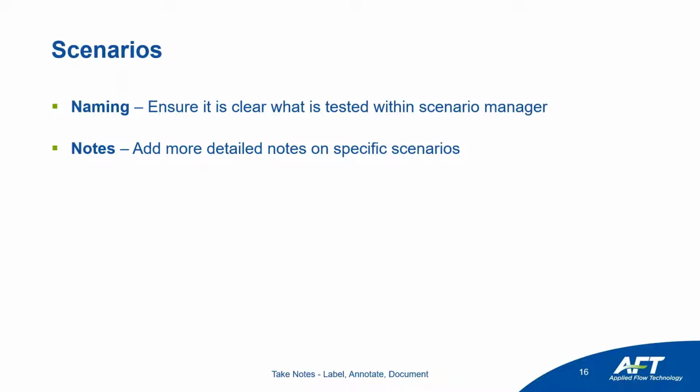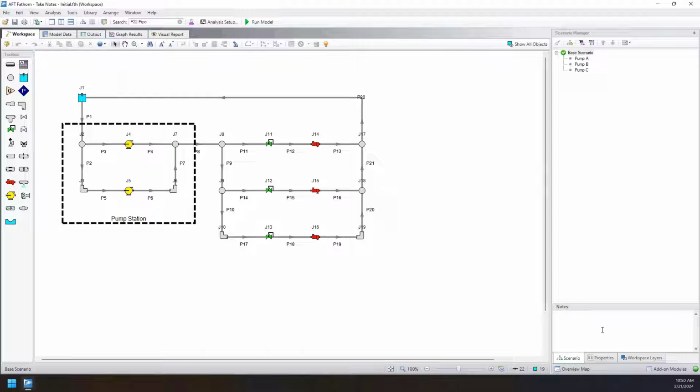So while the name should be very short and concise, in the same way when we name our objects, we can also add notes to our different scenarios. And that's added down here in the lower right. So here, I might have pump A. I might say pump A is a replacement from Flowserve, let's say.